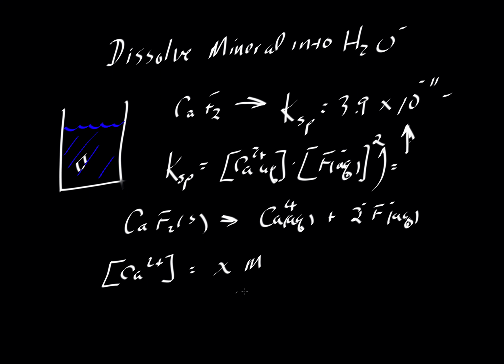If the concentration of calcium is X, then looking at this equation, whatever the concentration of calcium is, we would have 2 times that number of fluorine atoms.